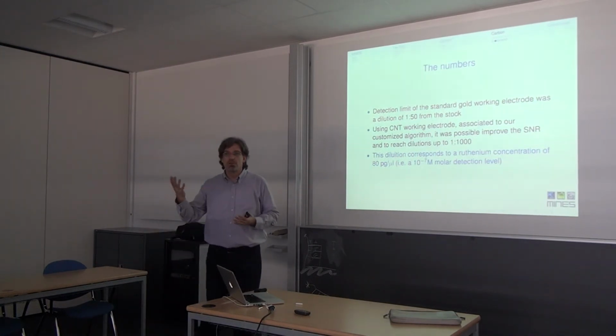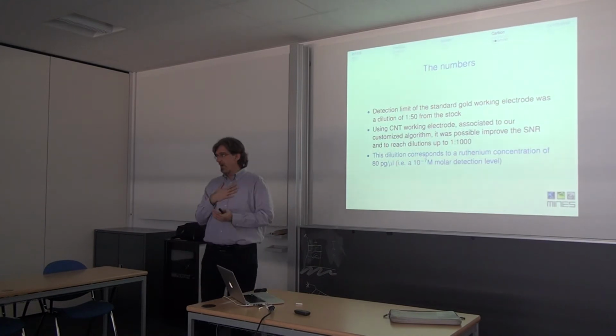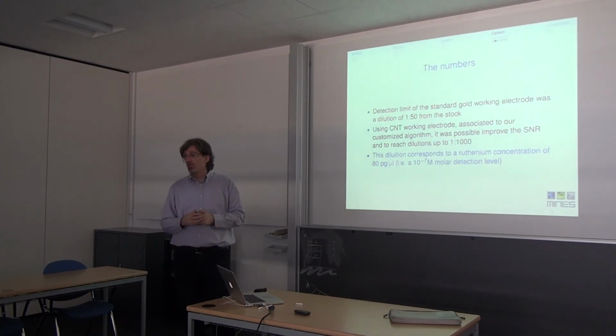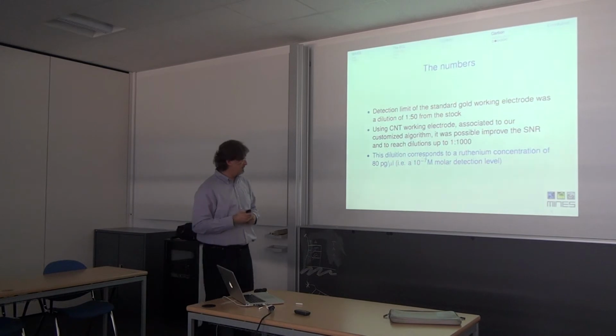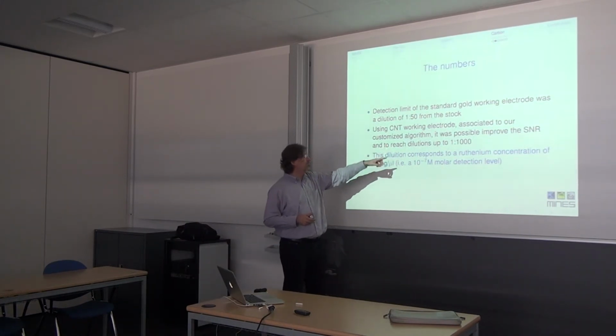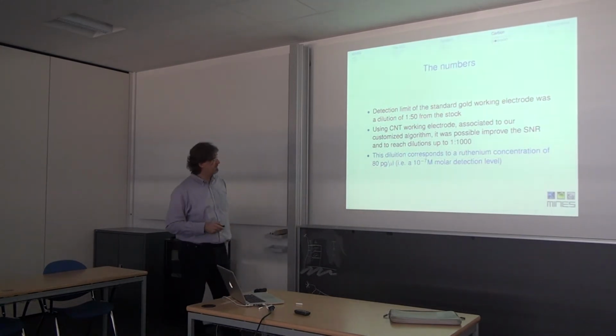We did not put DNA and everything. We simplified the system because I was interested in understanding the efficiency of the reaction and of the electrodes. In this case, 1 to 1000 means a concentration of 80 picograms per microliter.